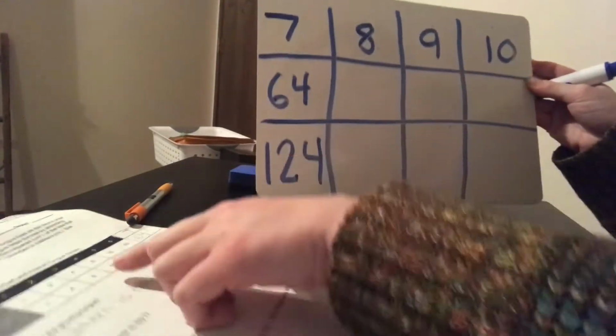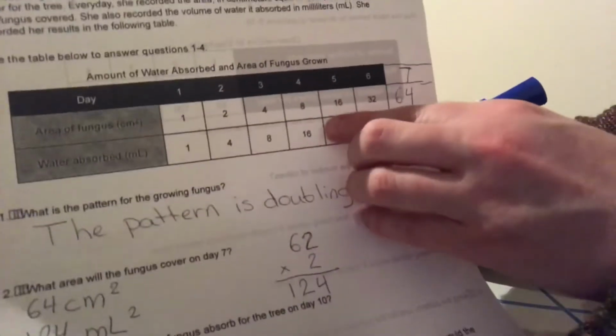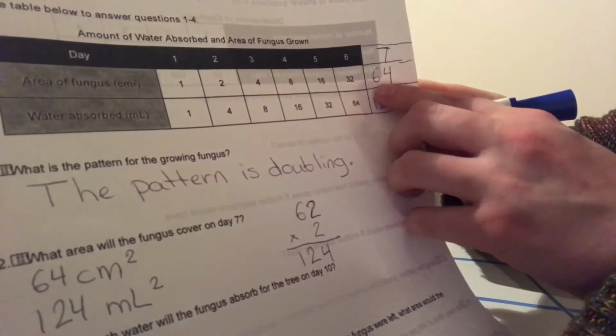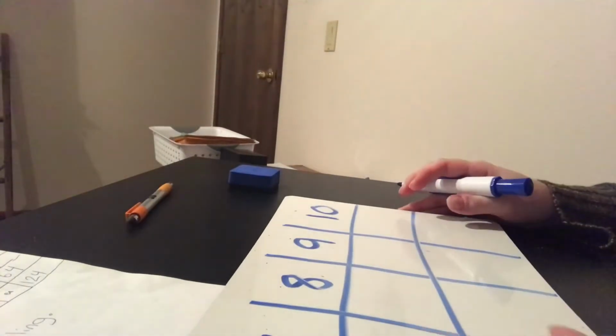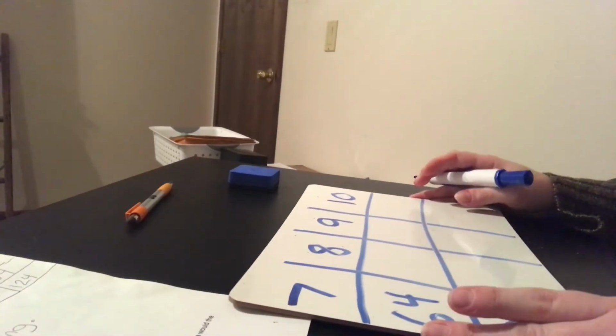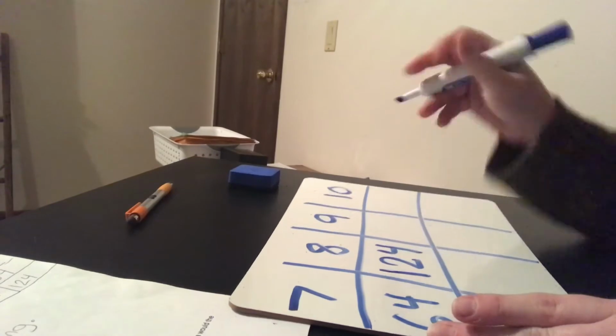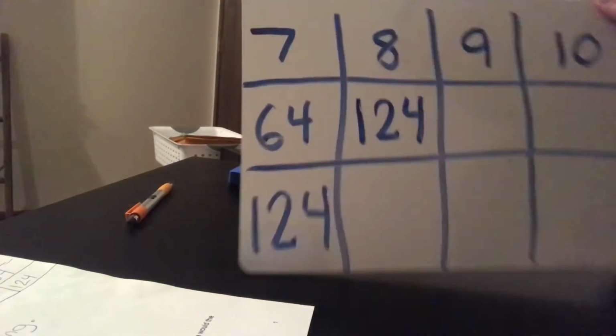So the pattern across the top is it's doubling each time. So I'm going to have to double 64 for day 8. So 64 doubled is 124 because it's doubling.